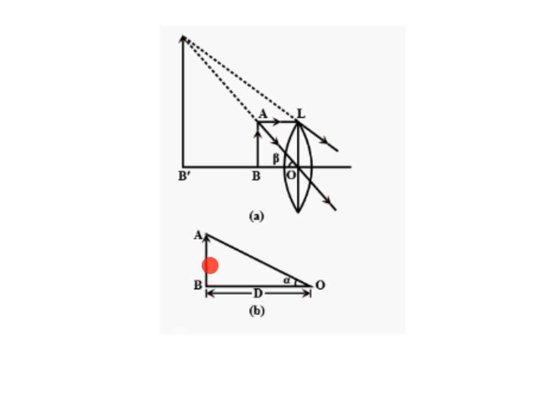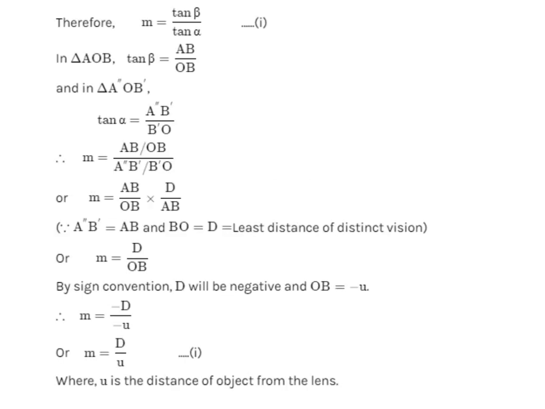This is your object which is placed in front of the lens, so the distance OB is nothing but the D, and also here m is equal to D upon U, where U is the distance of the object from the lens.